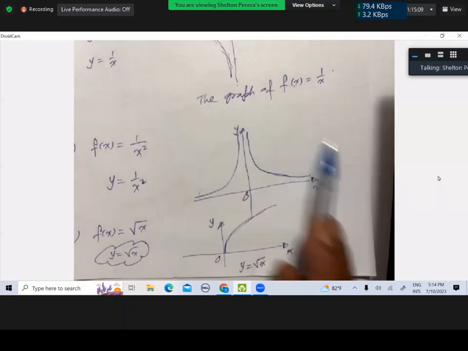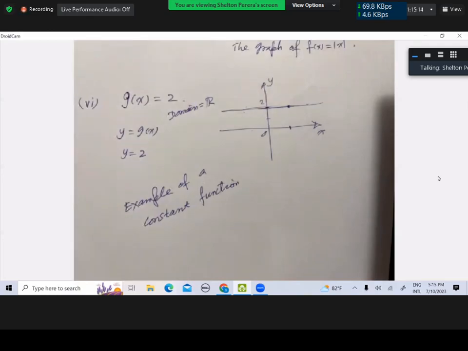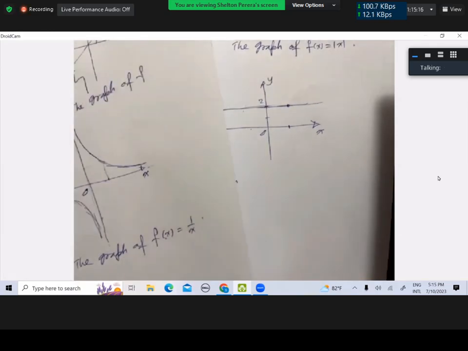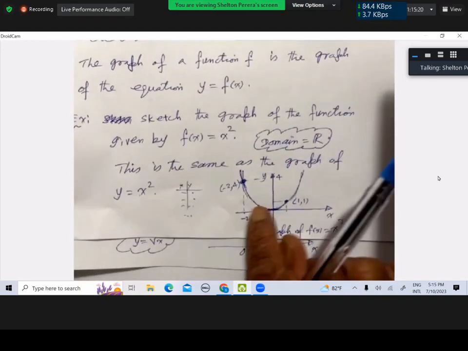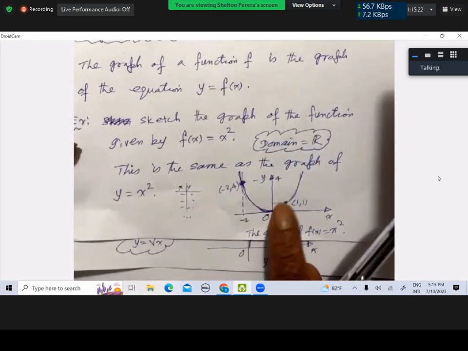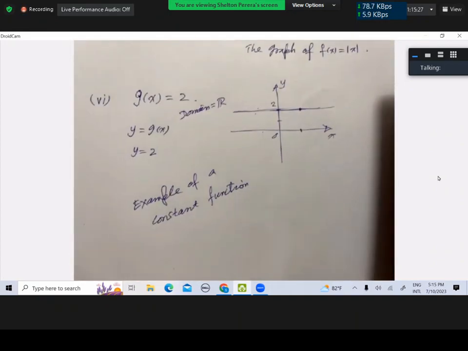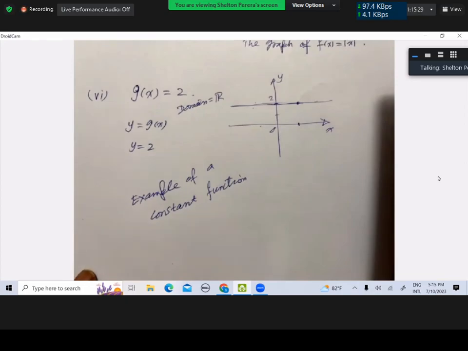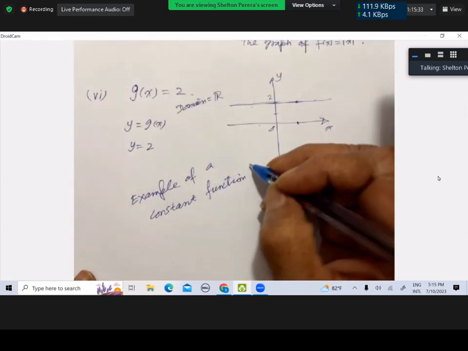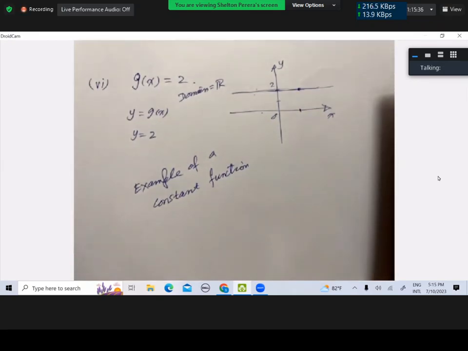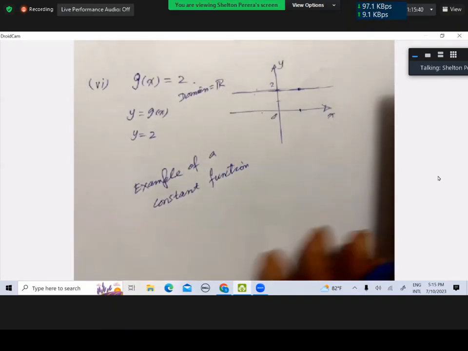Square root x. X squared we did as the first example. That's why it's not there. This is an example of a constant function. Did I miss anything?